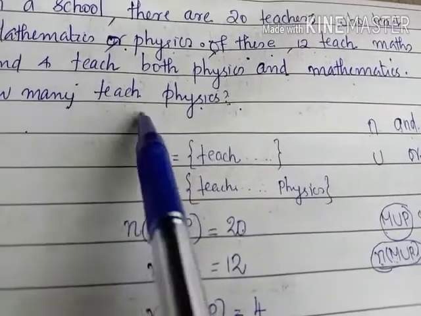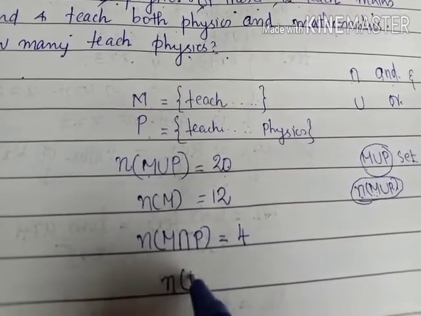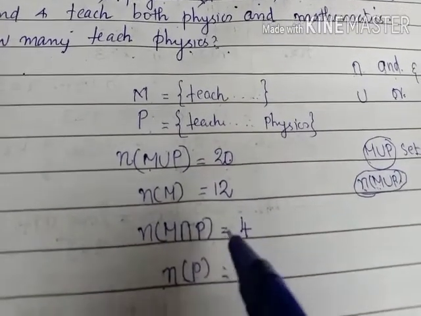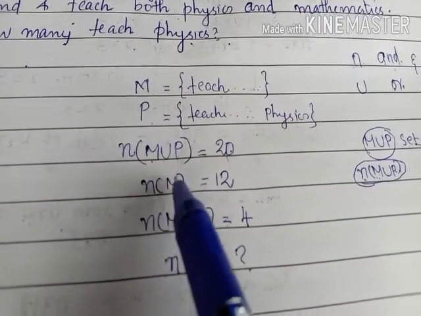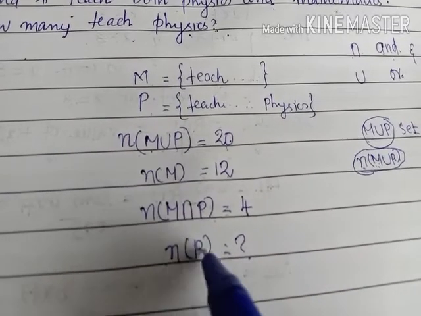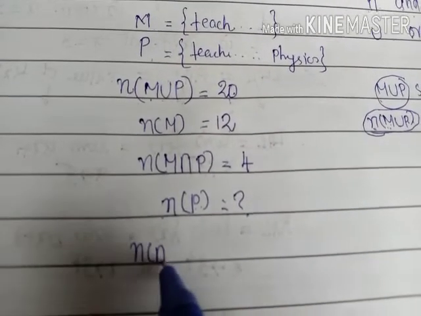The question is, how many teach physics? So we want to find n of P, the number of teachers who teach physics. So n of M union P is 20, n of M is 12, n of M intersection P is 4, n of P equals ?.